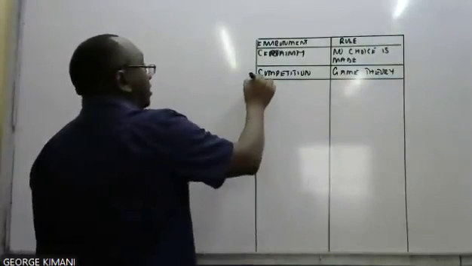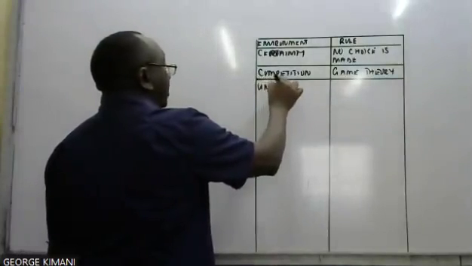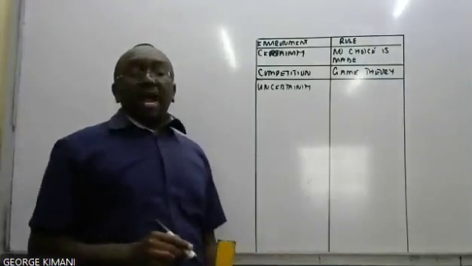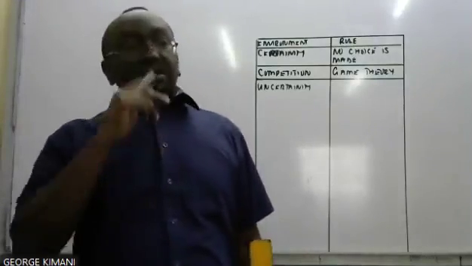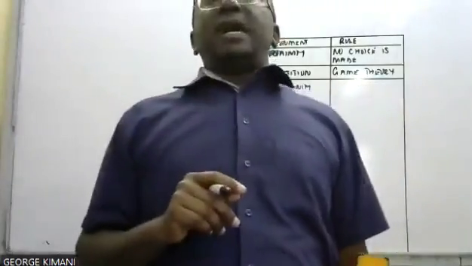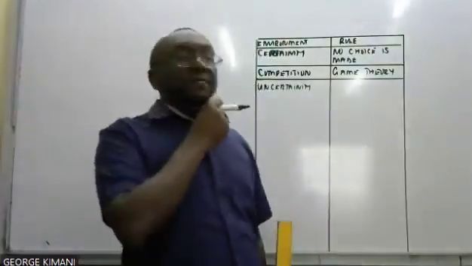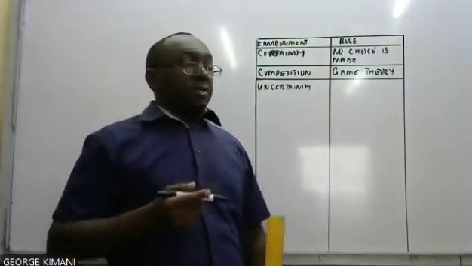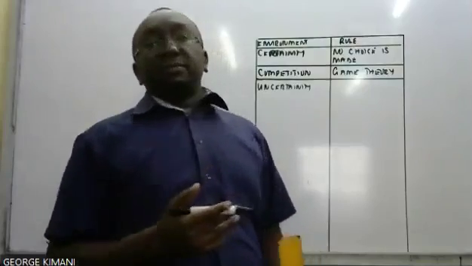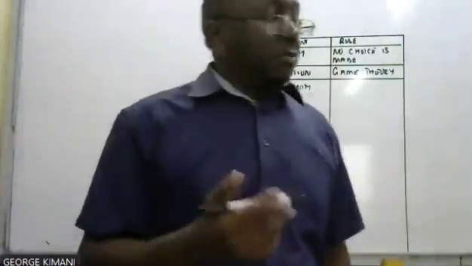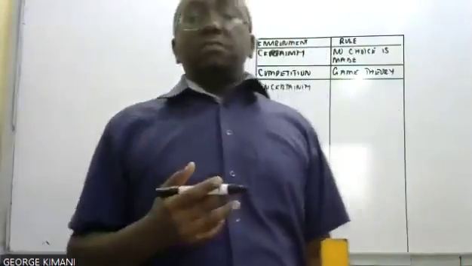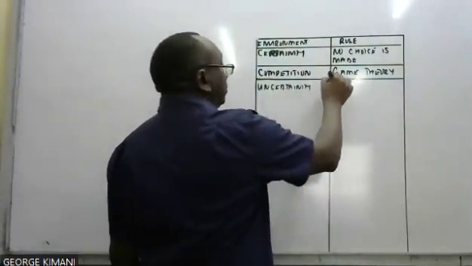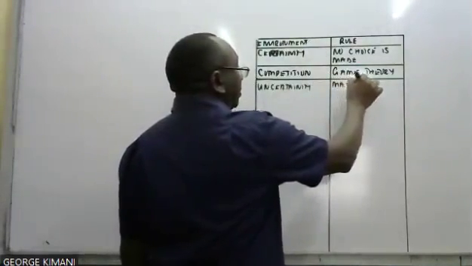The next environment is called the environment of uncertainty. This is where we have more than one possible outcome, but we do not know exactly which one will come out, and we also do not have probabilities that can help us compute. Like when you sit for an exam, there is more than one possible outcome, and you don't have data to compute the exact one. The rules that we use here: we have what we call maximax.